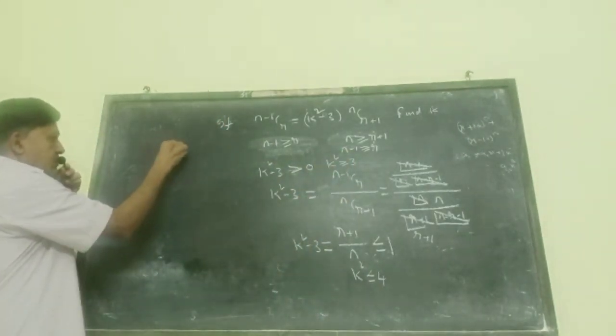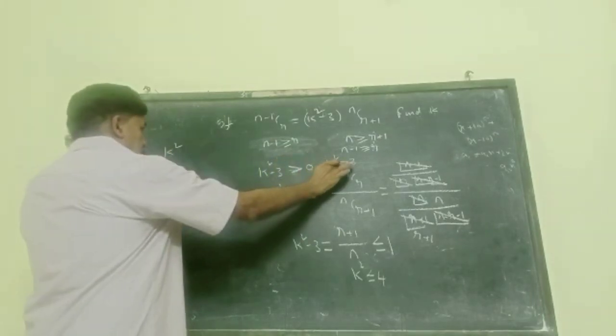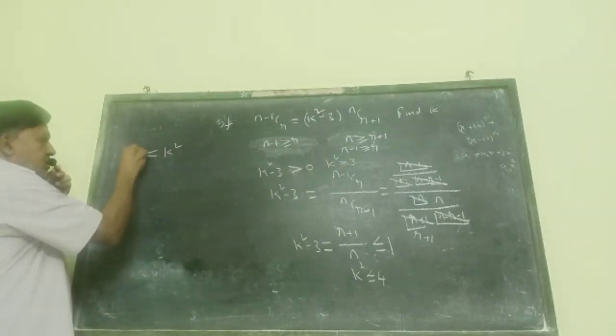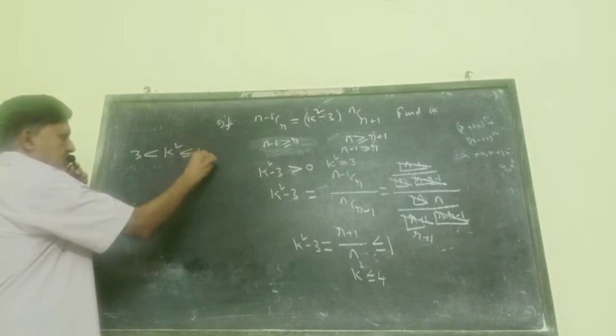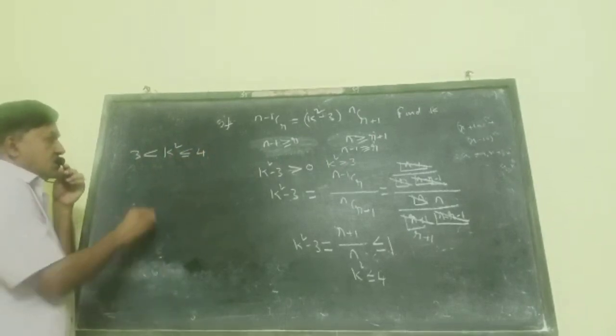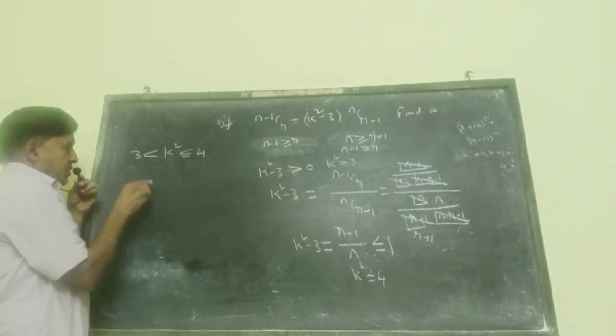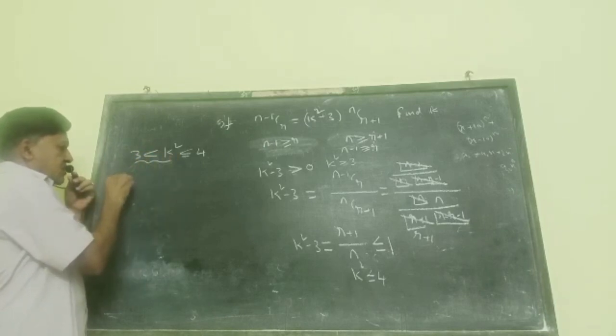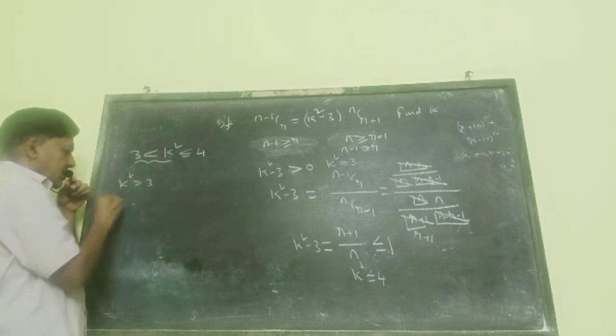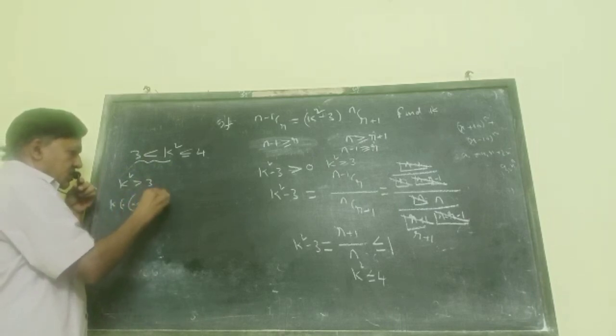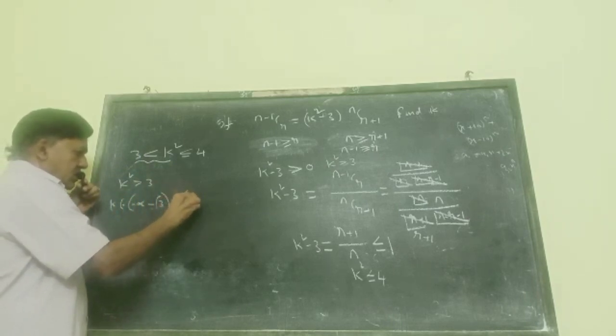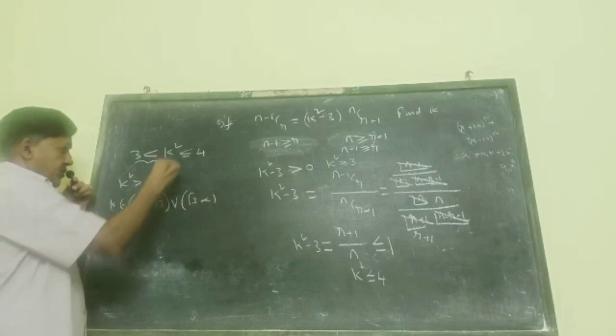So, K square value, strictly, lies between 3 and 4. If we solve this, K square greater than 3 means K belongs to minus infinity to minus root 3 open, union root 3 to infinity.